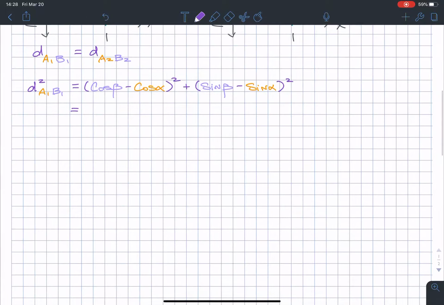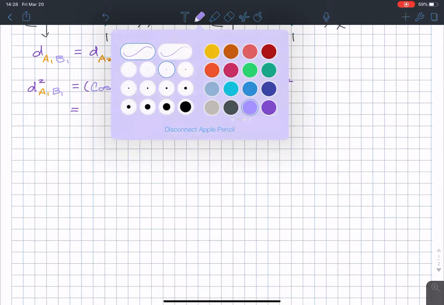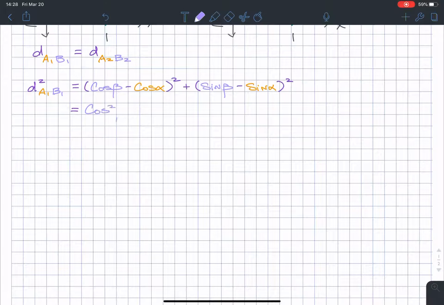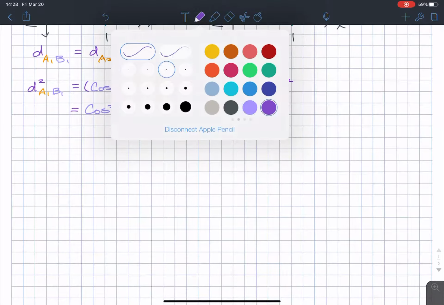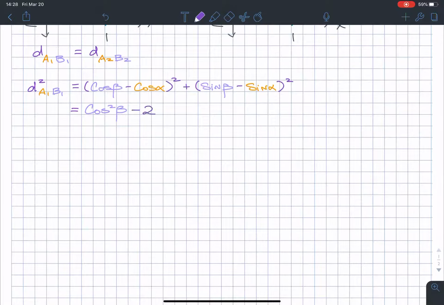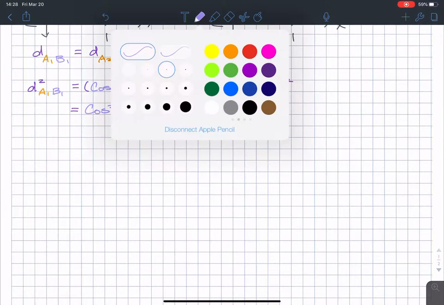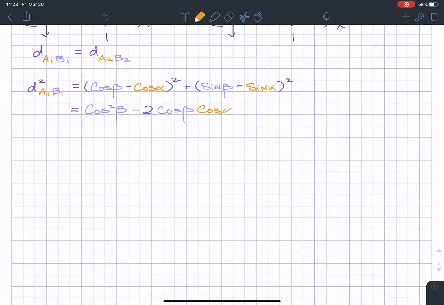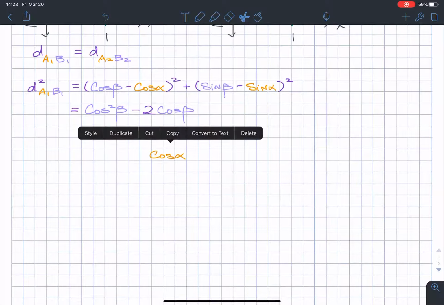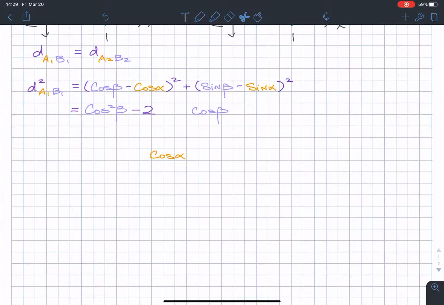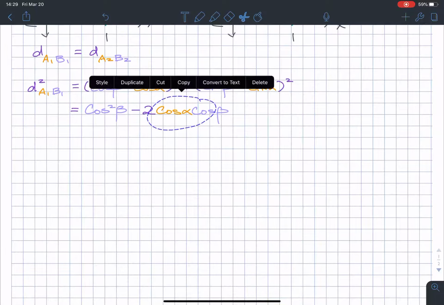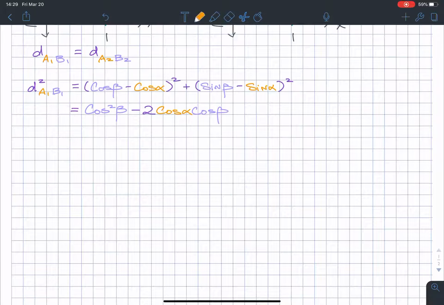Okay, so what does this give us? Well, expanding the binomial, it's first guy squared, so this will be cosine squared beta. Then because it's negative inside the parentheses, it'll be minus 2 times the first, cosine beta, cosine alpha. Alpha should come before beta, not that it matters, it's all multiplication, but that looks better. Okay, and always plus, so plus the second guy squared, so that'll be cosine squared alpha.